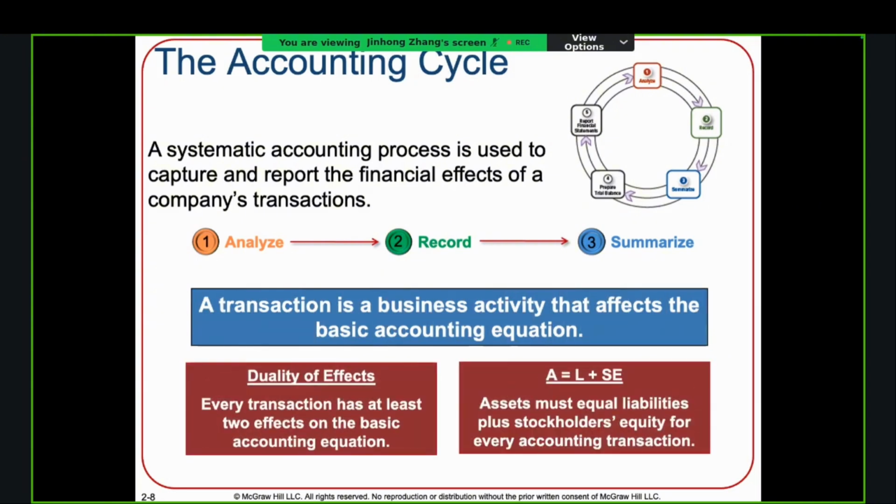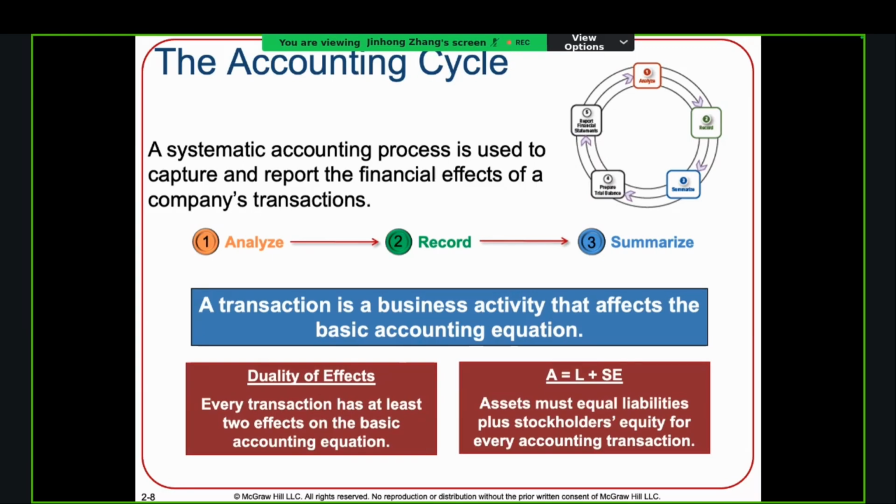A transaction is a business activity that affects the basic accounting equation. There's always a duality to an event. Every transaction has at least two effects on the basic accounting equation. Assets equal liabilities plus stockholders' equity. Assets must equal liabilities plus stockholders' equity for every accounting transaction.